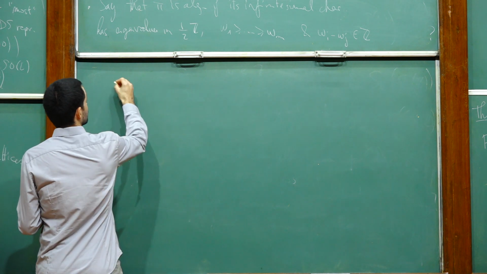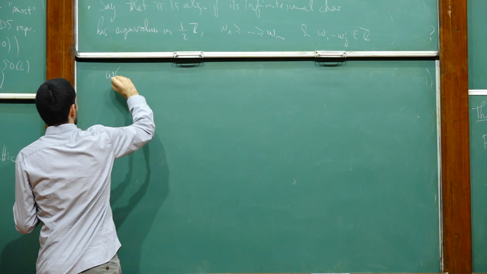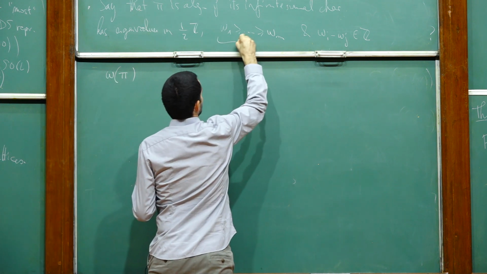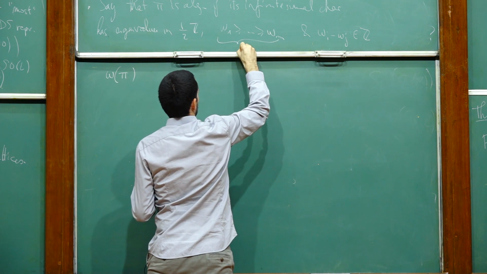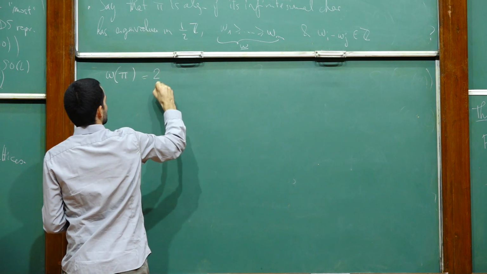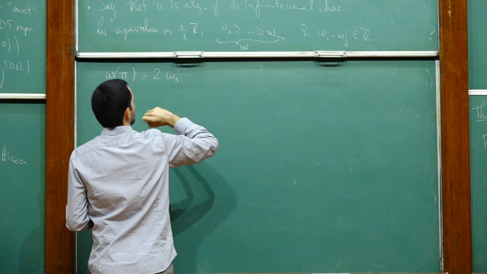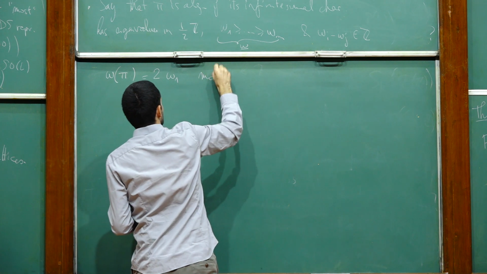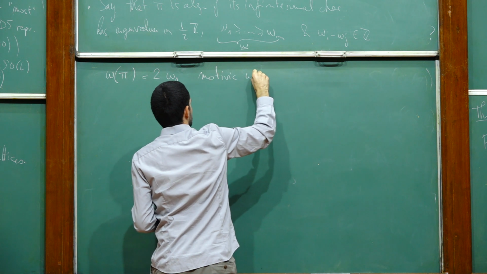Okay, so I should introduce the motivic weight of pi. I will denote it by underline W, but just W of pi is 2 times the largest one. Let's call this the motivic weight.